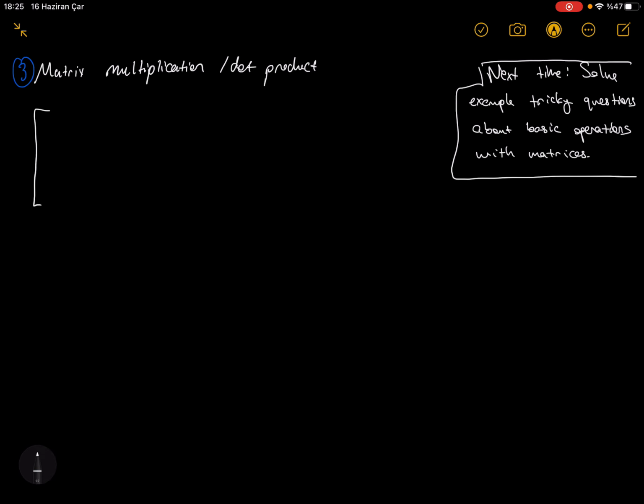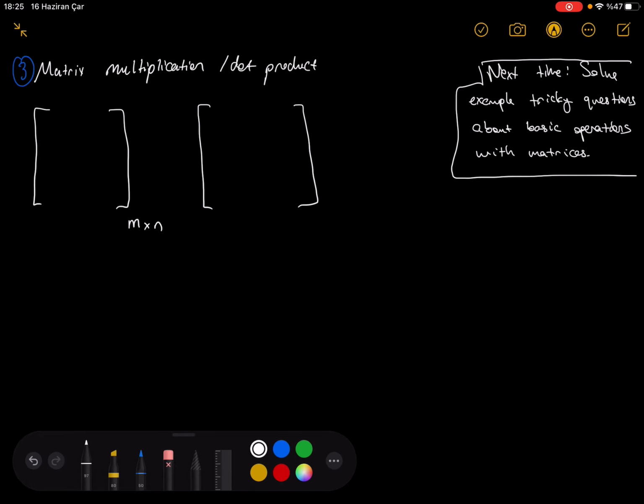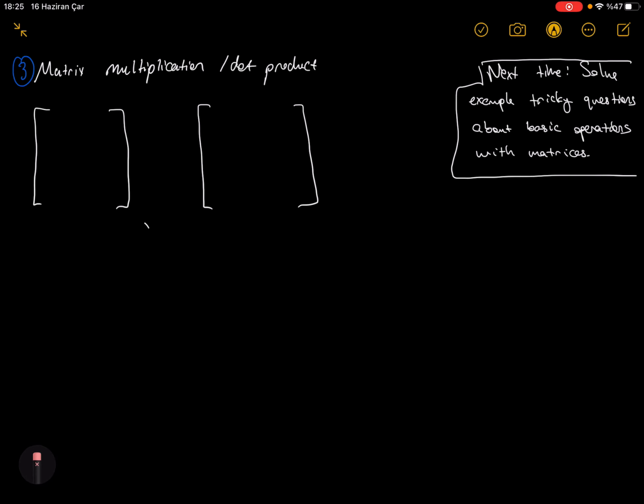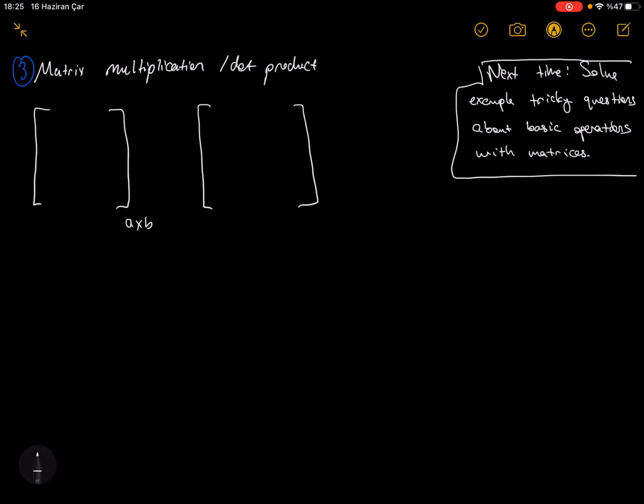Start with the 2 matrices. For the first matrix, let's say it's an A by B dimension matrix, and for the second matrix, let's say C by D. Let's say A times B, let's say C times D. There's a first condition before doing a matrix multiplication.